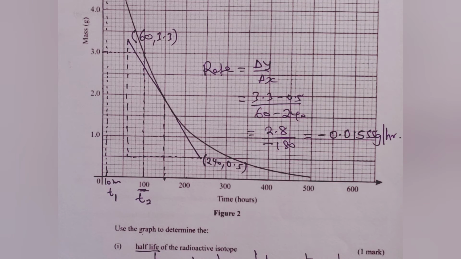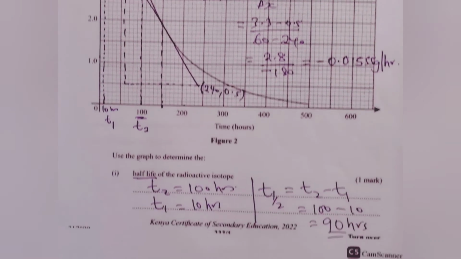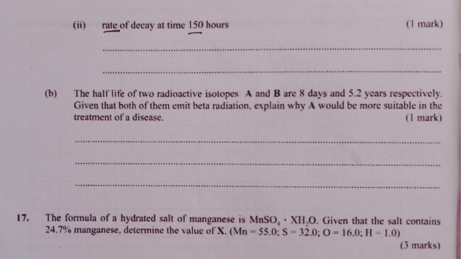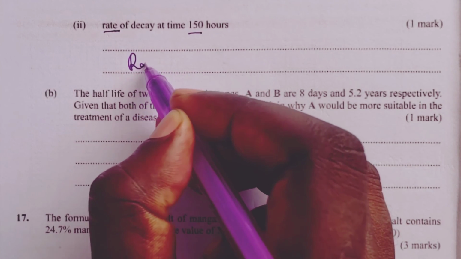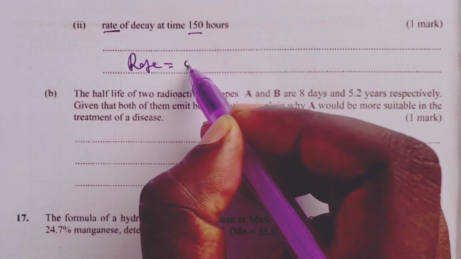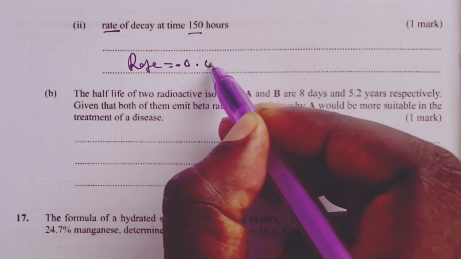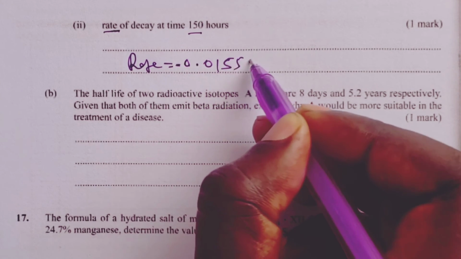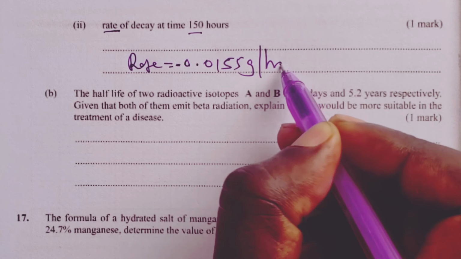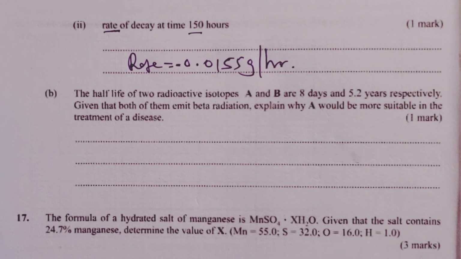So this is the calculation that we transfer to our space, and we've been able to get a rate of, of course negative 0.0155 grams per hour. So candidate, don't forget, when you are asked an instantaneous rate of change, you have to draw the tangent to the curve at the point in question.